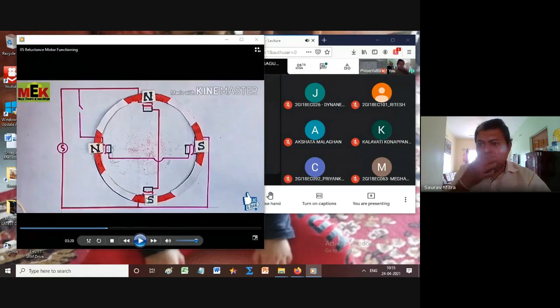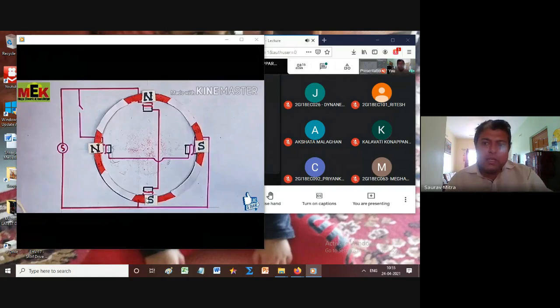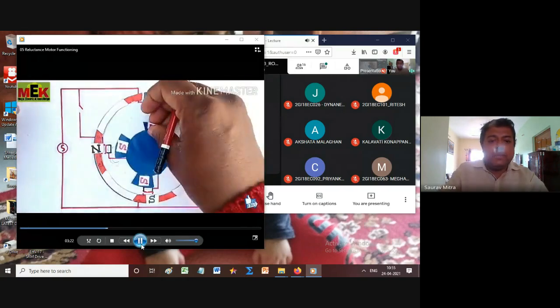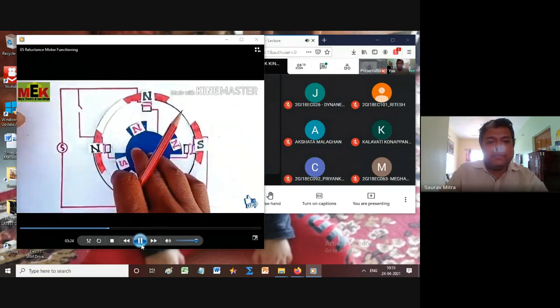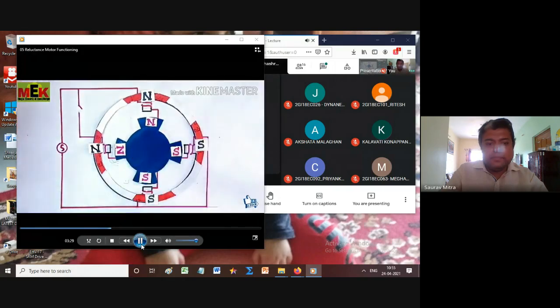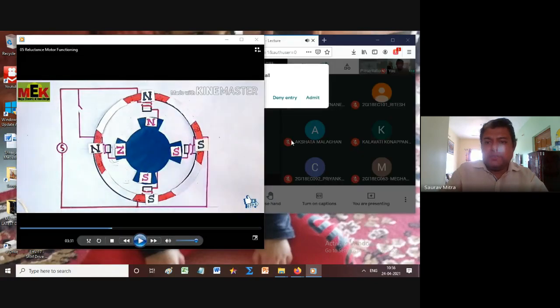Okay. So as this is a single phase switch reluctance motor, in that case, only two pairs of north and south are created. If you are using a three-phase motor, in that case, three pairs of north and south are created. But this is the basic fundamental. You just understand, and when you explain in the exam, please show three pairs of north and south. Now just concentrate.